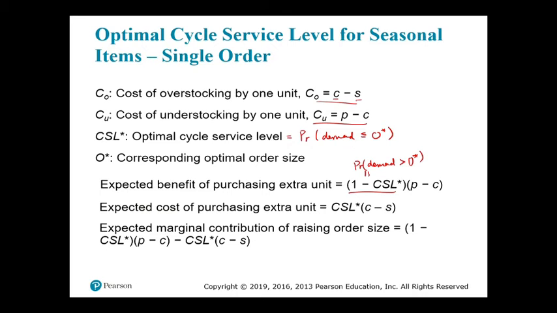We can see that this marginal contribution changes like this bell curve. At some point, this marginal contribution is going to be 0, and that corresponds to our optimal order quantity.